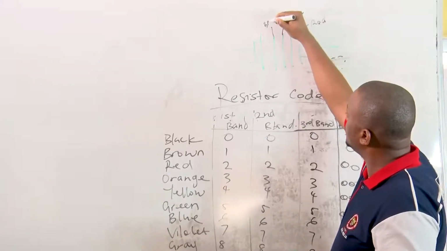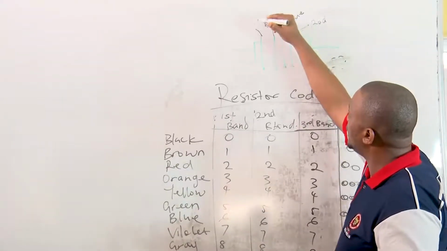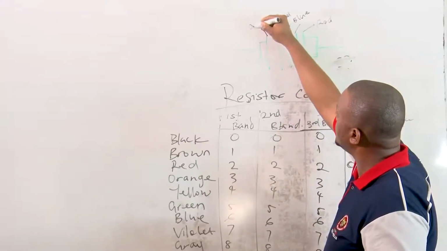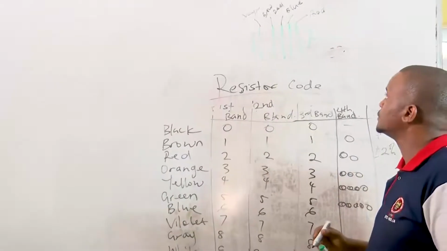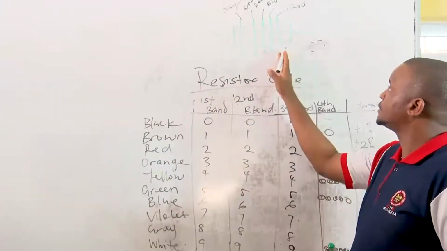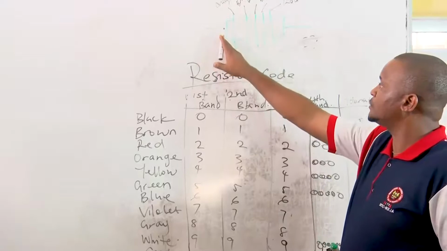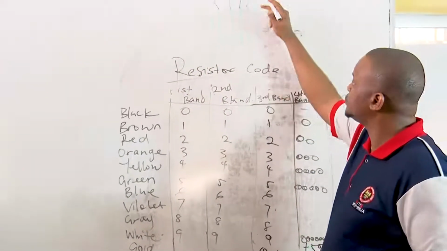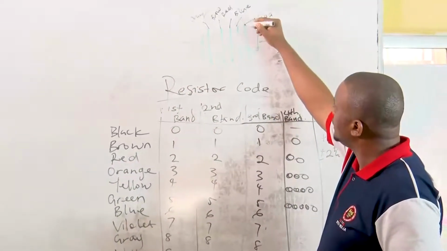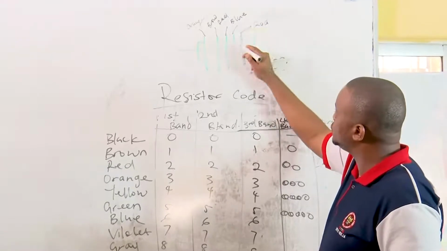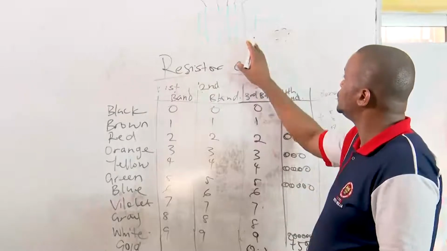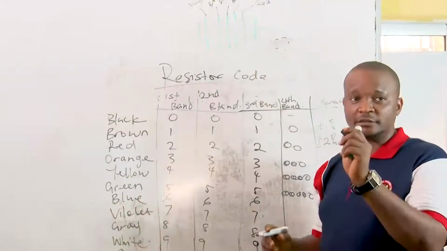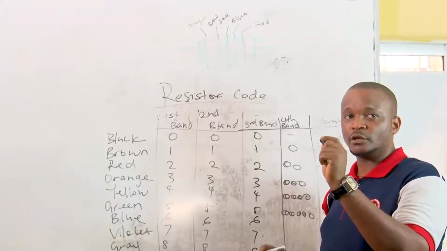You can have brown, and then you can have, let's say, orange color. Okay, so with this, you can now read. You see that this is orange, you look at the separation, because at this you have a wider gap between this and this. So that tells you that is the tolerance, okay? So when you do that, this red is not part of your color, but that is the tolerance, okay?